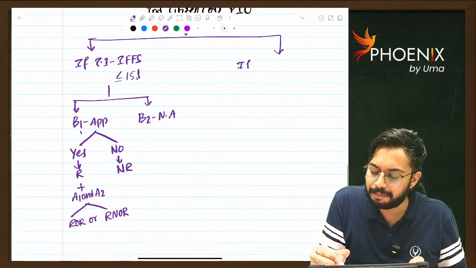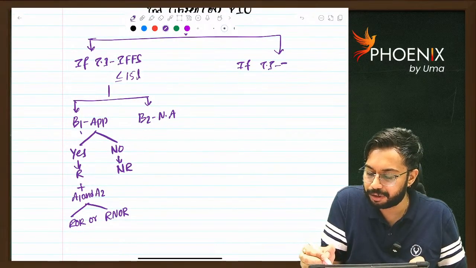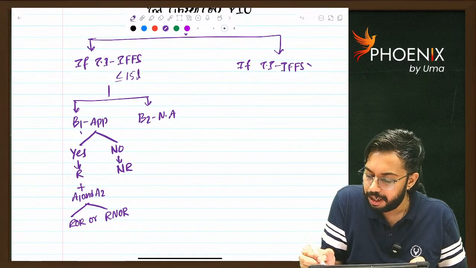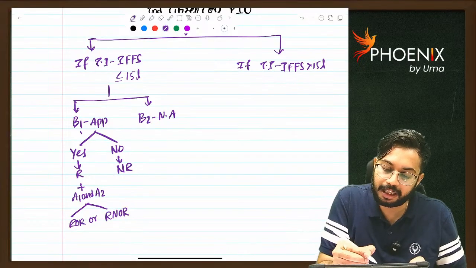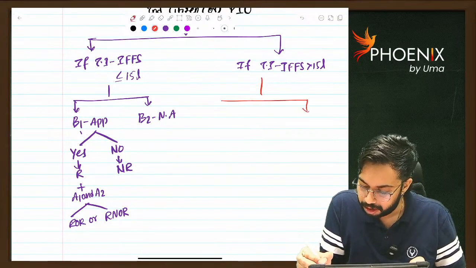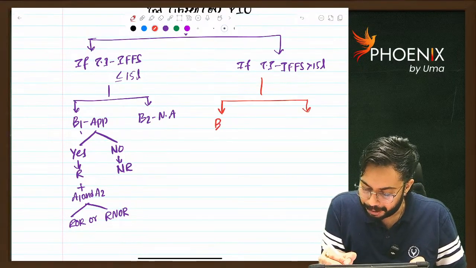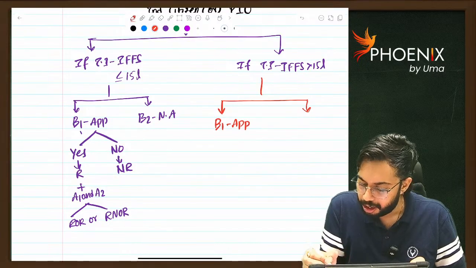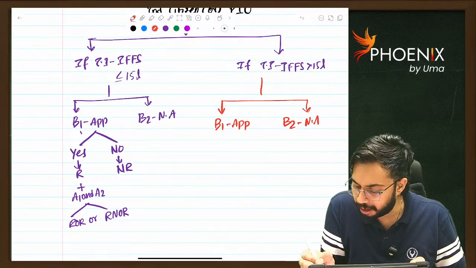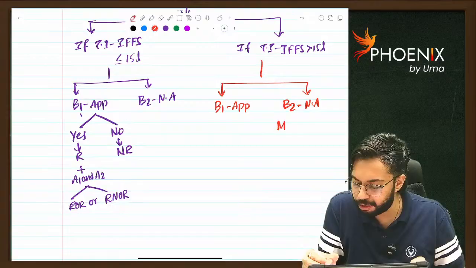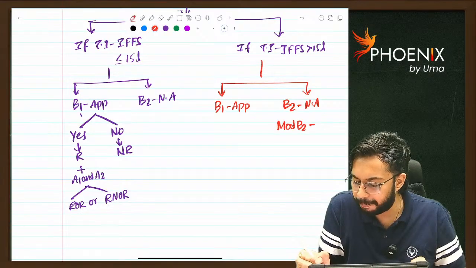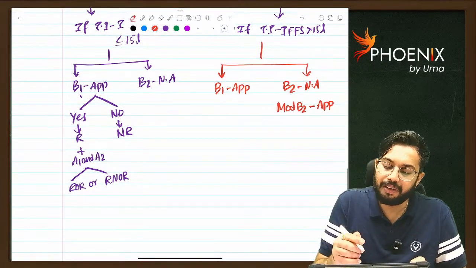If total income minus income from foreign sources is more than 15 lakhs, in that case B1 is applicable, B2 is not applicable, but in place of B2, modified B2 is applicable. So we will check B1.